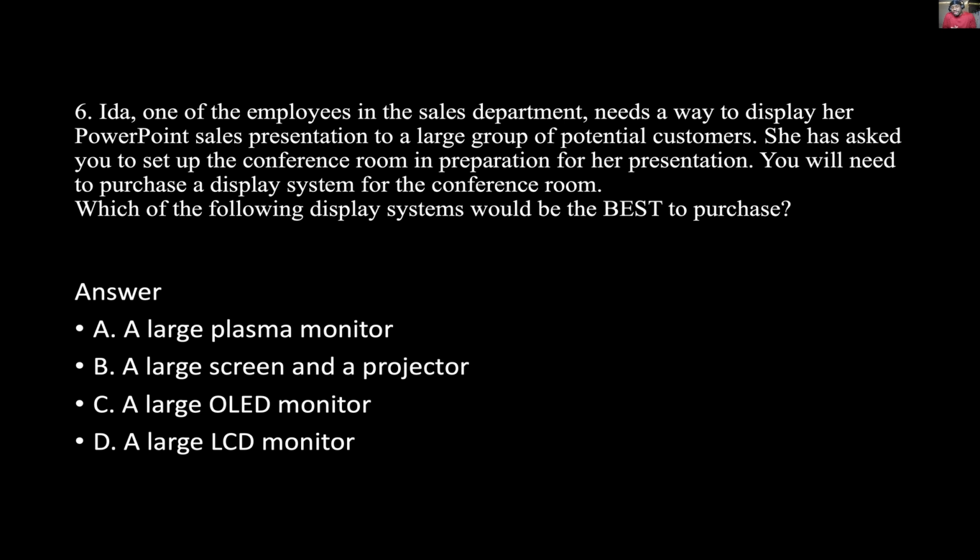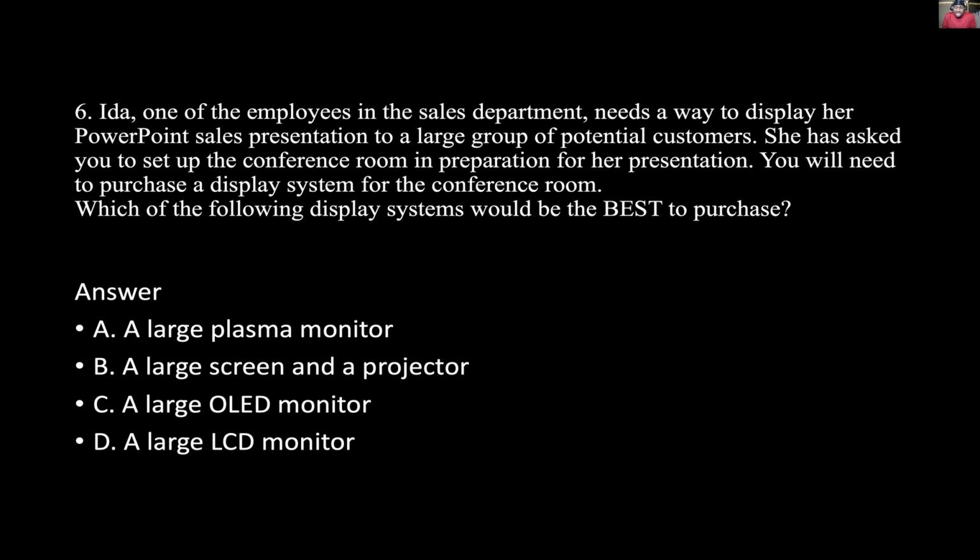Let's look at the options. A, a large plasma monitor. Yeah, but you don't have a plasma, really? B, a large screen and a projector. Not a whiteboard, but like a white plastic, kind of long screen, and a projector.